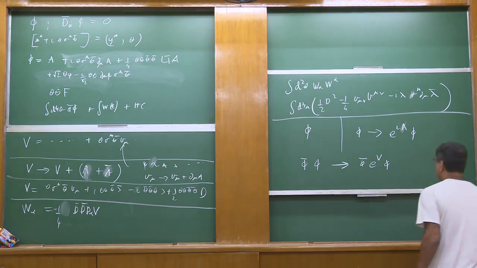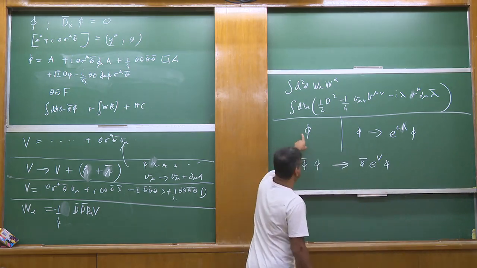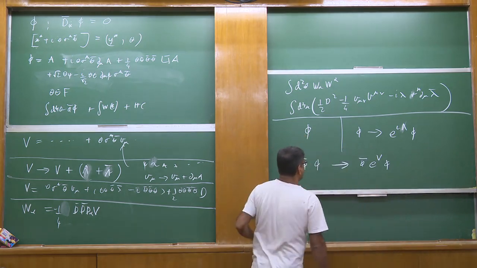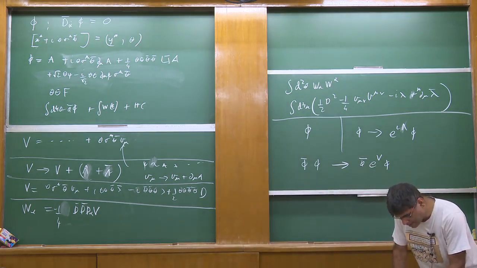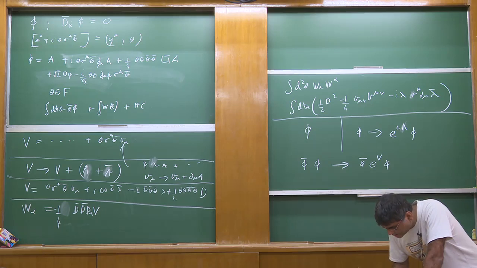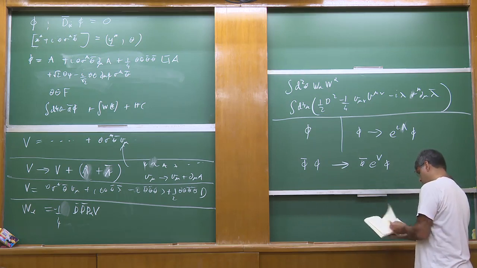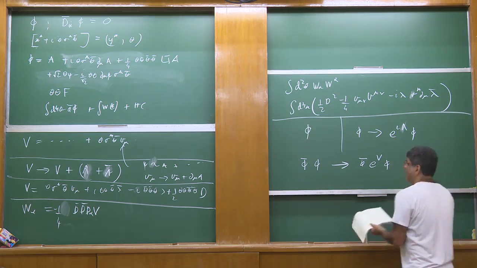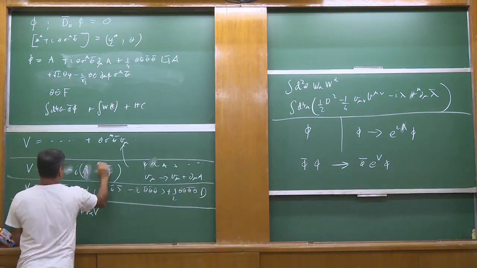Now you see, under this, I want minus i lambda minus lambda bar.